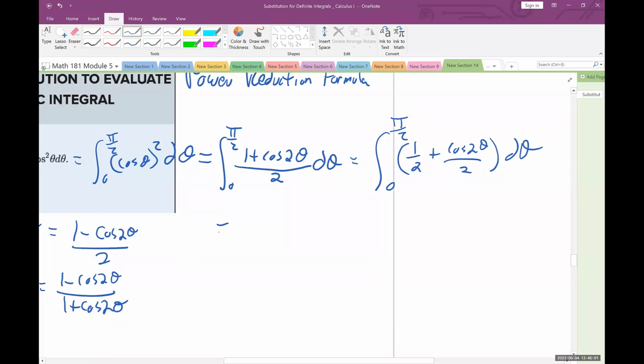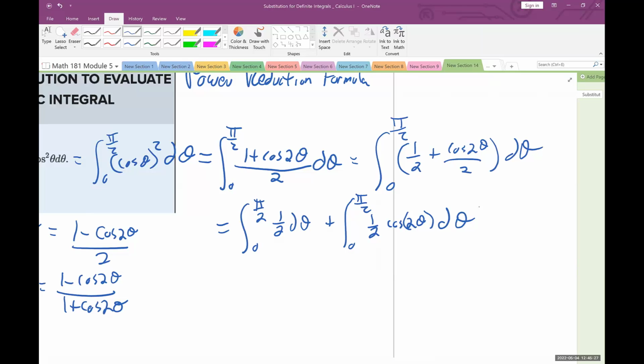We can treat this as the integral from 0 to pi over 2 of 1/2 d theta plus the integral from 0 to pi over 2 of 1/2 cosine of 2 theta d theta. And the first one is a straightforward integration. Nothing has to happen that's unique there. It's just a constant being integrated.